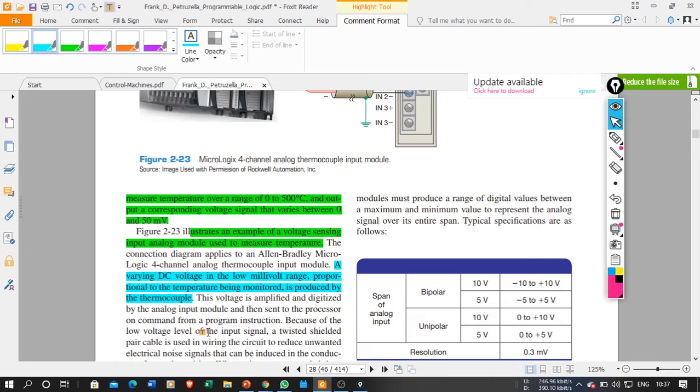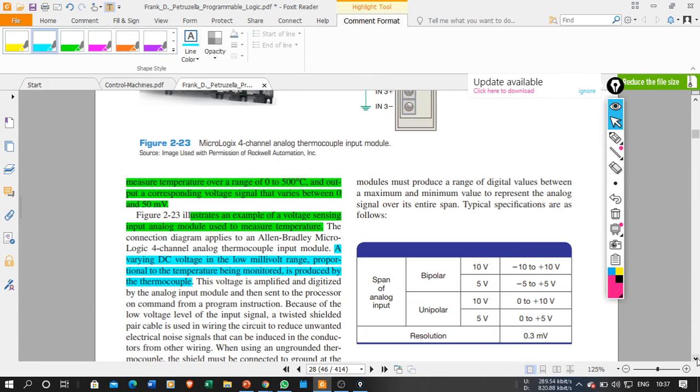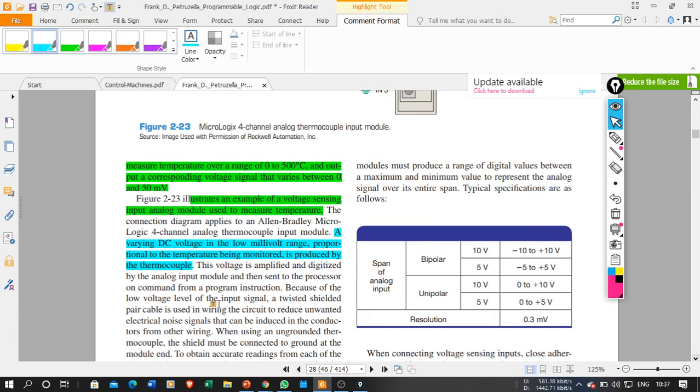And if it is 50 degree centigrade, it will give me 5 millivolt. So whatever the temperature, it will give you the corresponding voltage. This voltage is amplified and digitized by the analog input module. So the temperature gives me the quantity in terms of voltage.